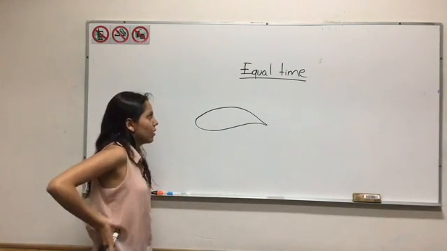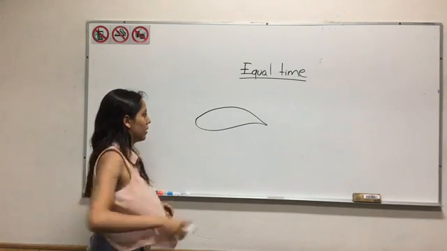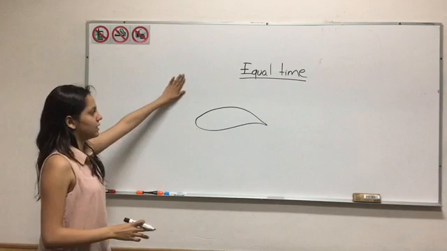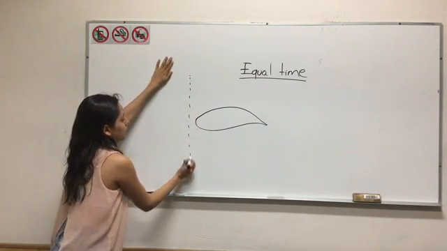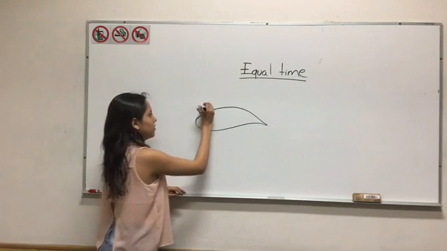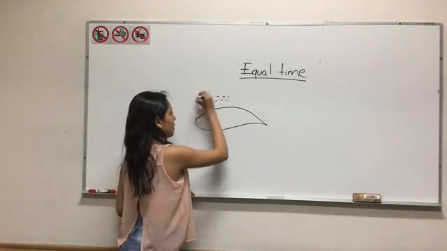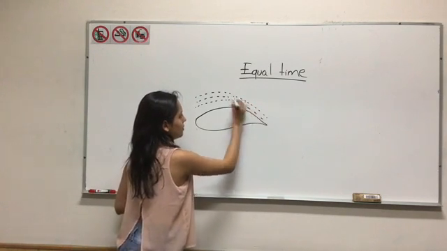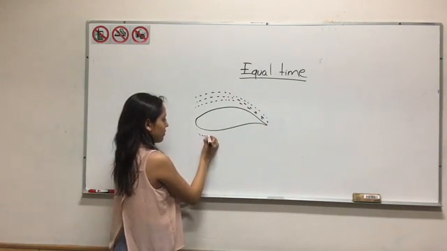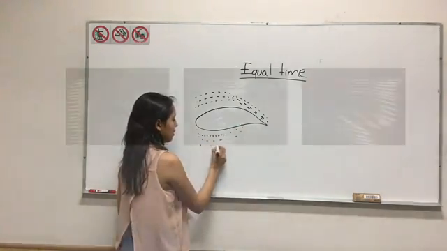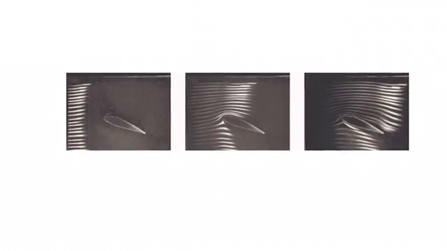And I don't have a good drawing, so I'll put here an image of a study where they injected smoke from a line at the same time, and those particles were detected by the smoke, and they realized that the particles that go from the upper part of the airfoil arrived faster than those in the lower part.